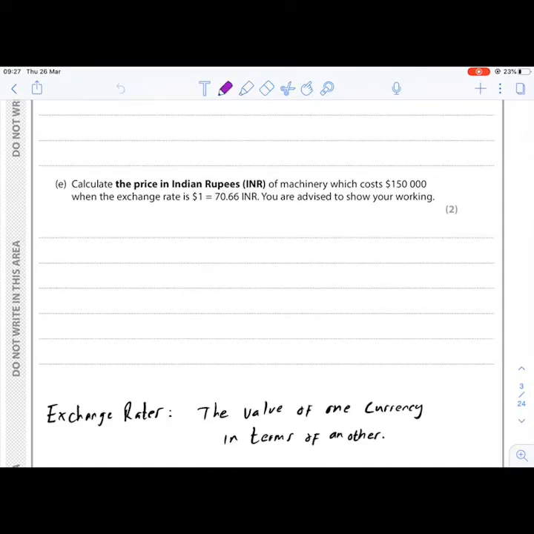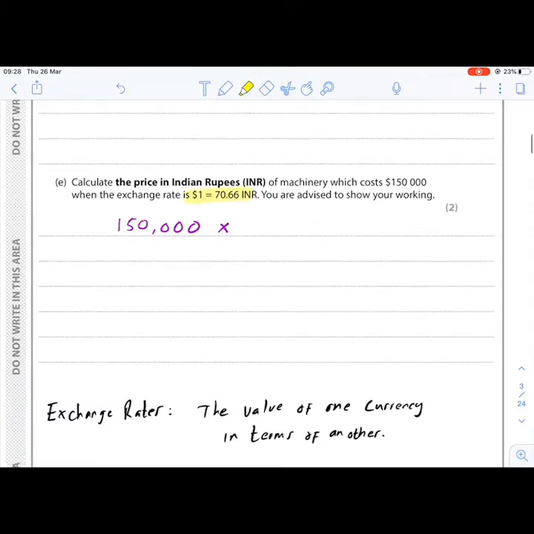Now, all you simply have to do here is to take the $150,000. Remember, we are trying to work out the price of 150,000 US dollars in Indian rupees, and then you just multiply it by the exchange, and the exchange is $1 American dollar equals 70.66 Indian rupees.